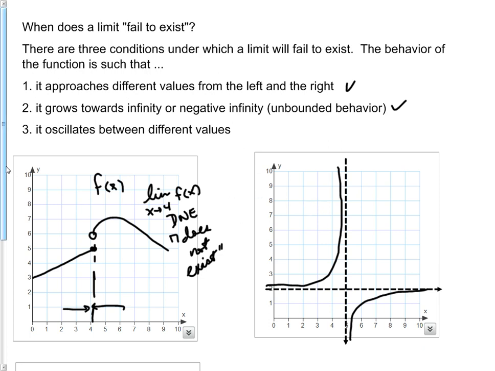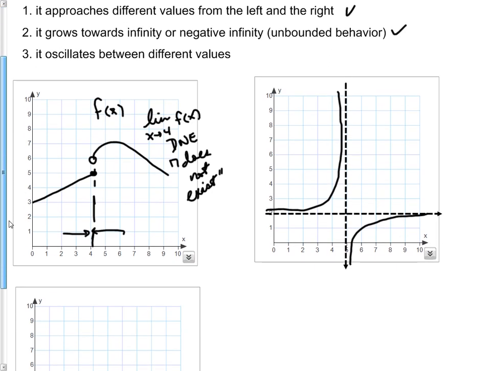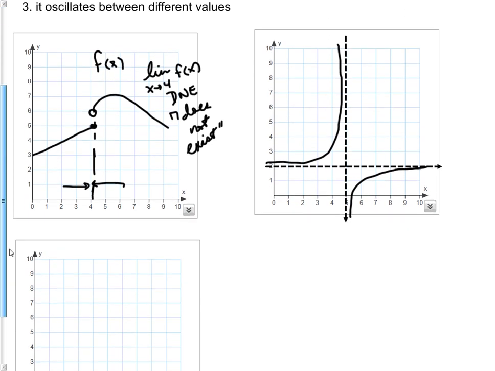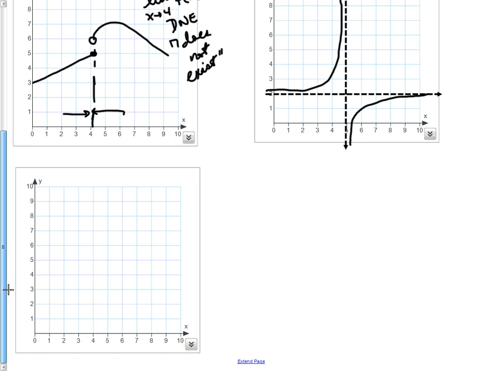one other kind of behavior where we know the limit is not going to exist is when the function oscillates between two different values. We probably won't see them in this chapter yet, but let's say we had a function that oscillated between two values, and as we got closer and closer to 7, the oscillations got really close, and then all of a sudden, they stopped getting closer at all.